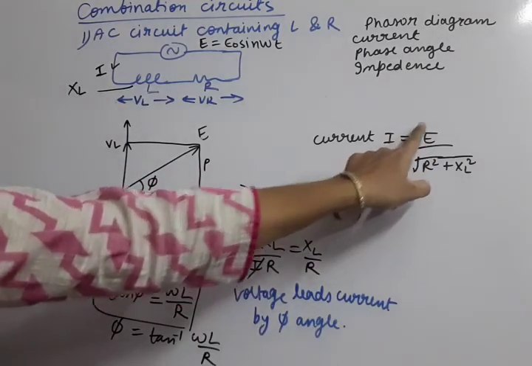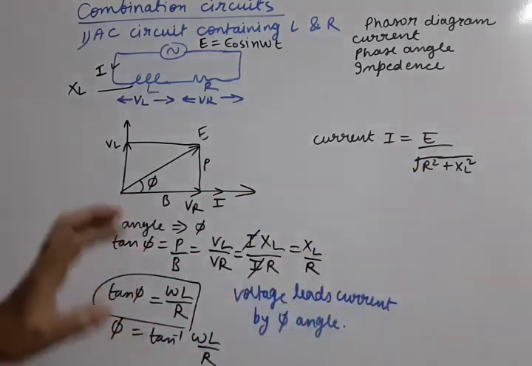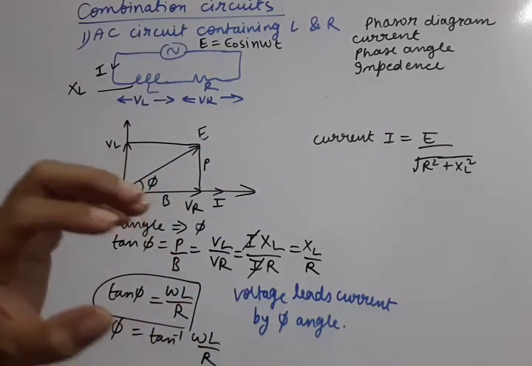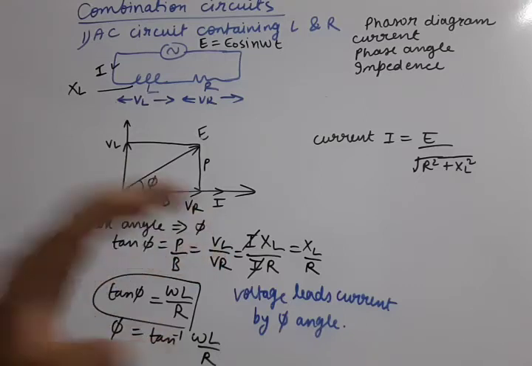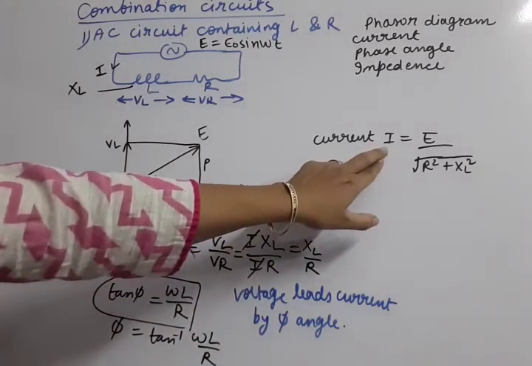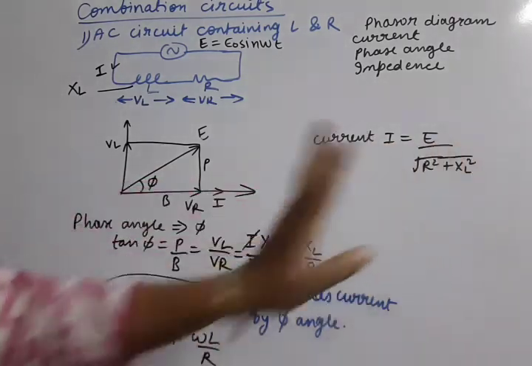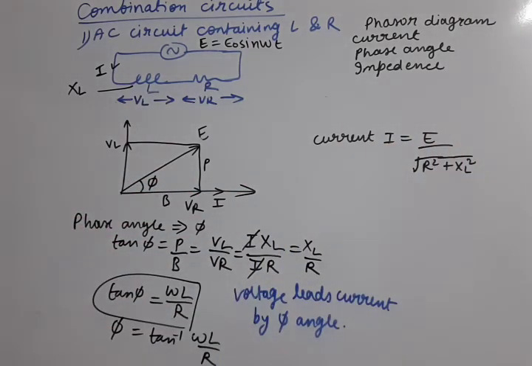I is always voltage upon resistance. So which part of the equation is playing the role of resistance? I is current, E is voltage, so this whole thing is resistance. But now we will call it impedance.